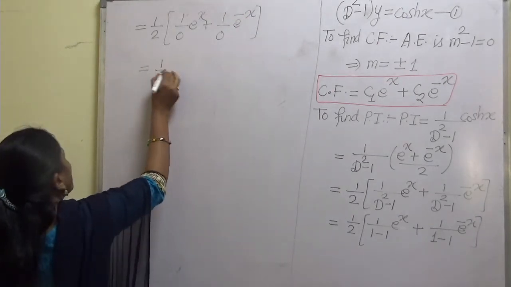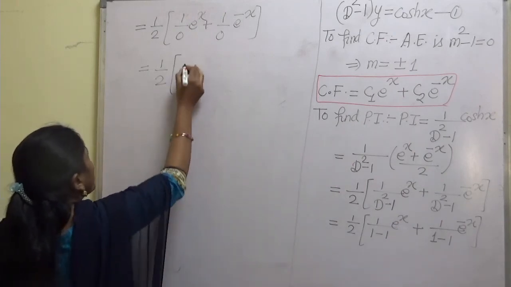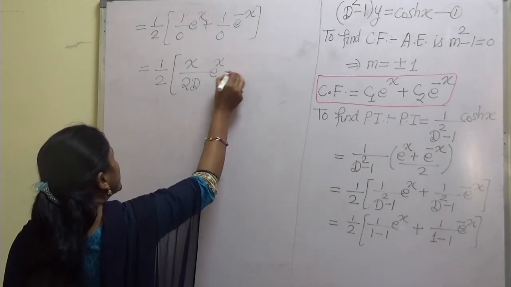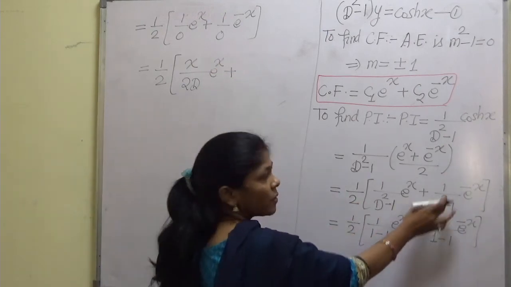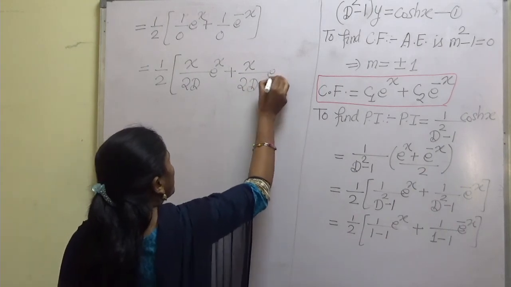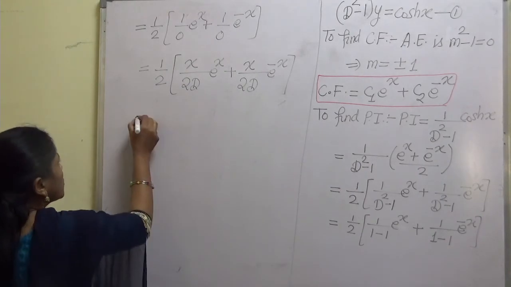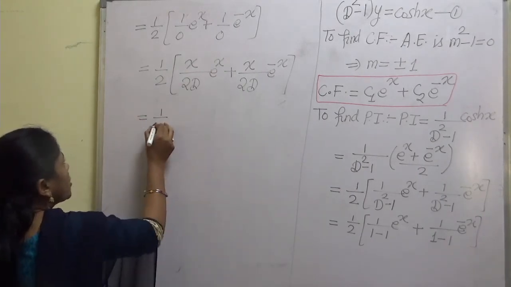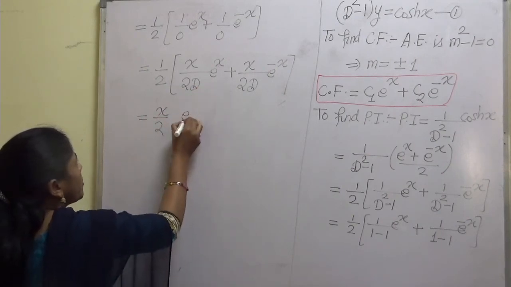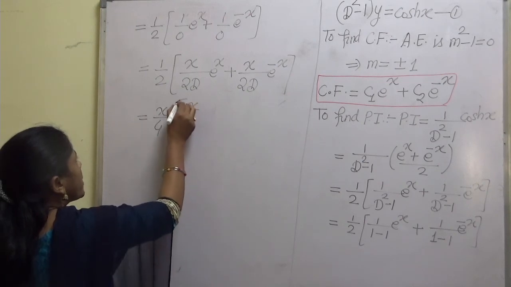So what we do? We will multiply this by x and differentiate with respect to D. So x by 2D operating on e raised to x. Similar is the case over here also. So multiply by x upon 2D, e raised to power minus x. Now 1 by D means integration of e raised to x. I can take x common. Integration of e power x is e raised to x.